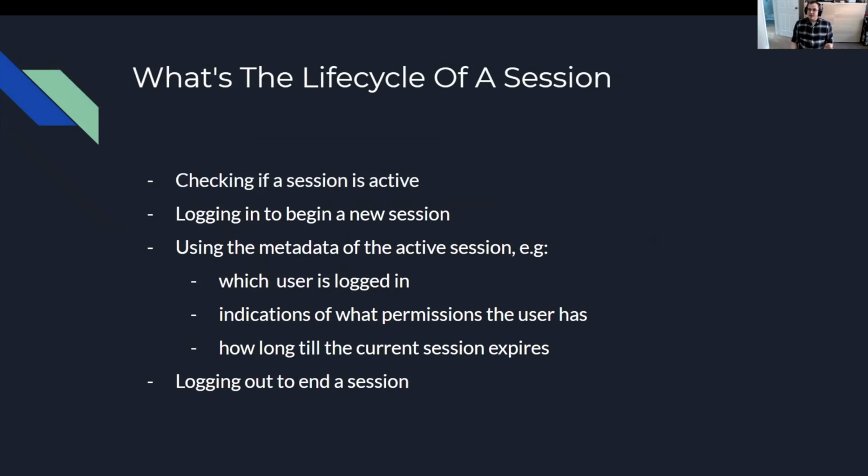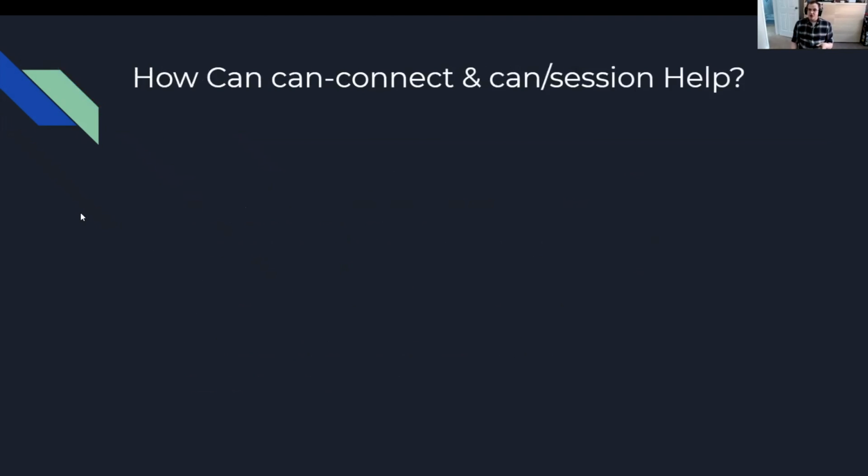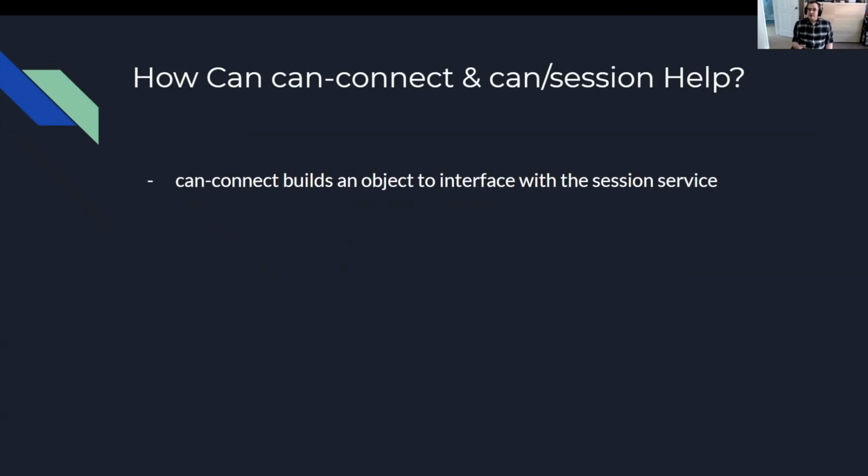And now that we have the life cycle out of the way, we can talk about how Can Connect and the new Can session behavior helps simplify this. So like any usage of Can Connect, we build a connection object that handles all of our communication with a particular service. In this case, it communicates with the service that manages sessions. And we'll talk about what that service looks like in the next slide. But as an example of the things that this connection object provides, it provides straightforward methods to do a login and a logout.